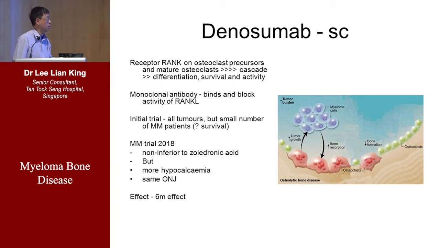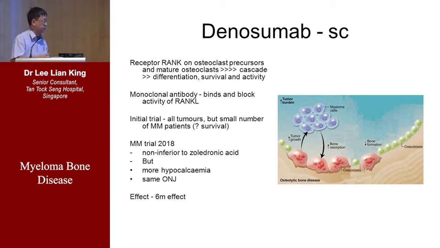thereby protecting the bone. The initial trials long time ago used this medicine for all tumors. But in a small number of plasma cell myeloma patients, there was some concern that it may compromise survival. So a completely new trial was conducted, and a report came out last year showing that it's not inferior to zoledronic acid.